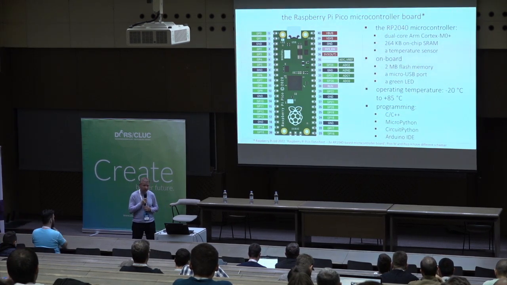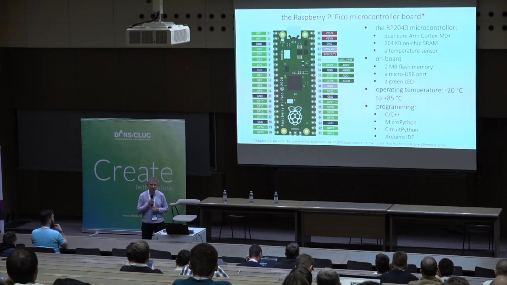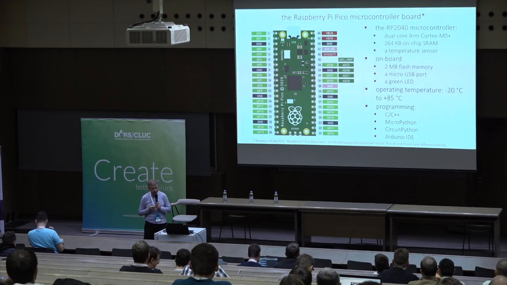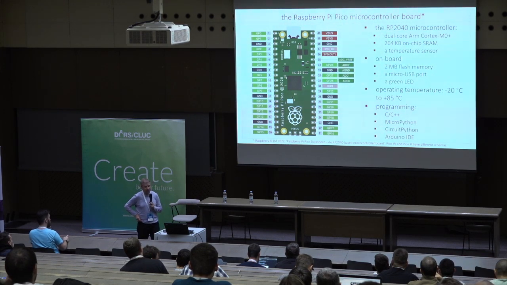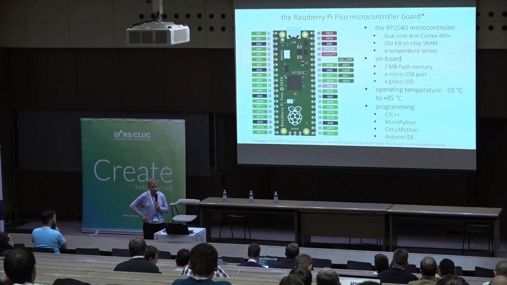The Pico family includes Pico, Pico H, and Pico W. Pico H comes with pre-soldered headers, and Pico W supports wireless networking. In the heart of Pico is RP2040, the first microcontroller by Raspberry Pi Foundation.